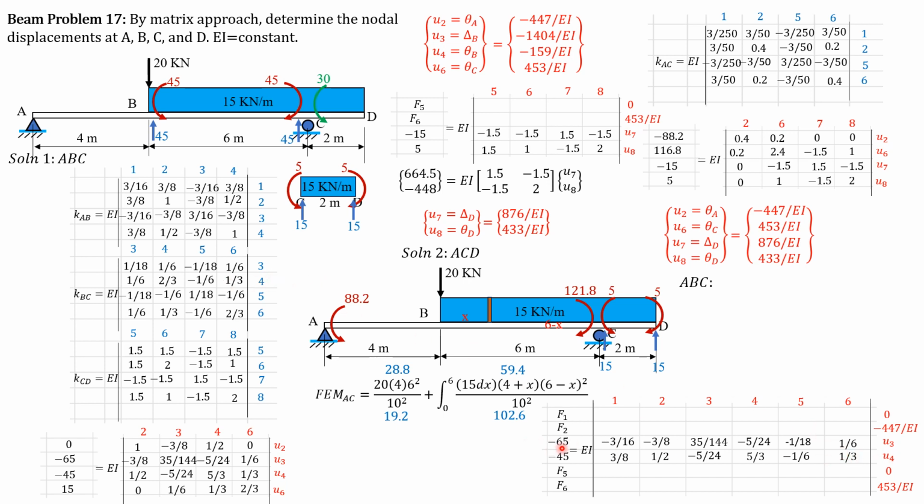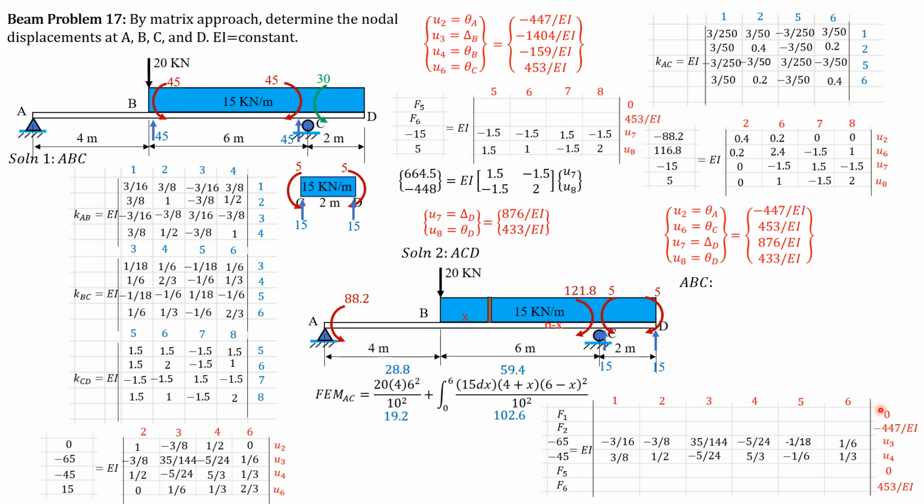So negative 65 is changed into, so negative 3 over 16 times 0, it's 0. Negative 3 eighths times 447, it's positive. Then bypass negative 1 over 18 times 0, then 1 6 times 453. Take note that we know these displacements from the calculations here.